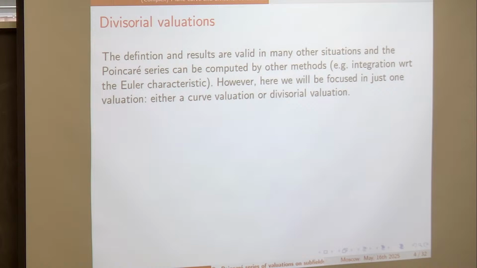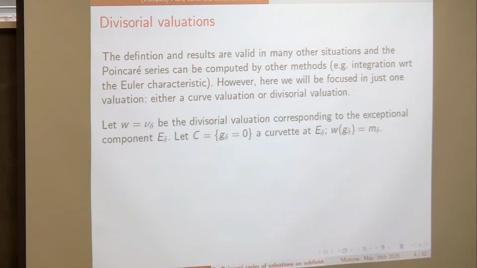That means only one valuation. So this is like that. And for one valuation, there is another type of valuation which is also very close to the others, but different. This is the divisorial valuation.